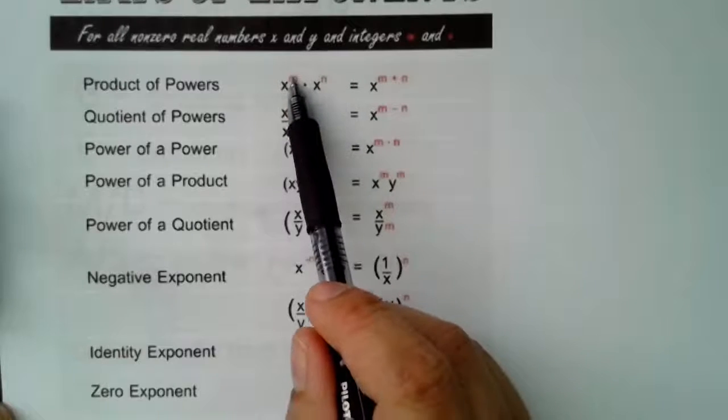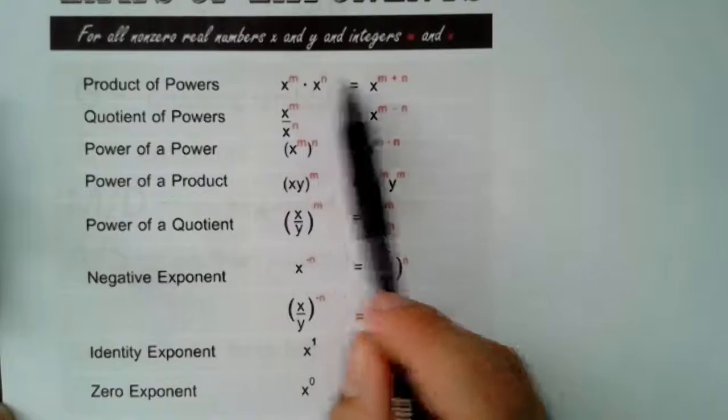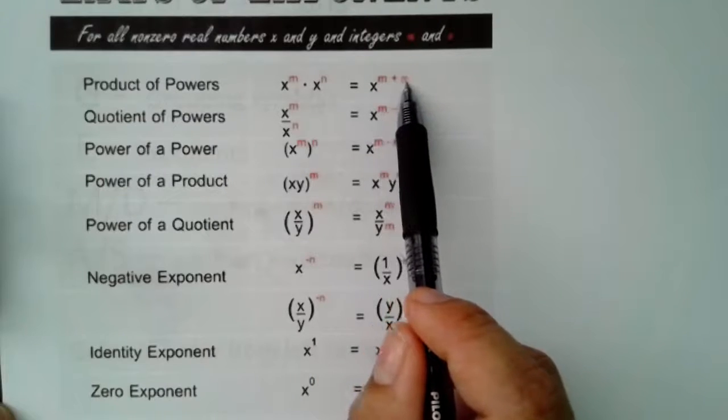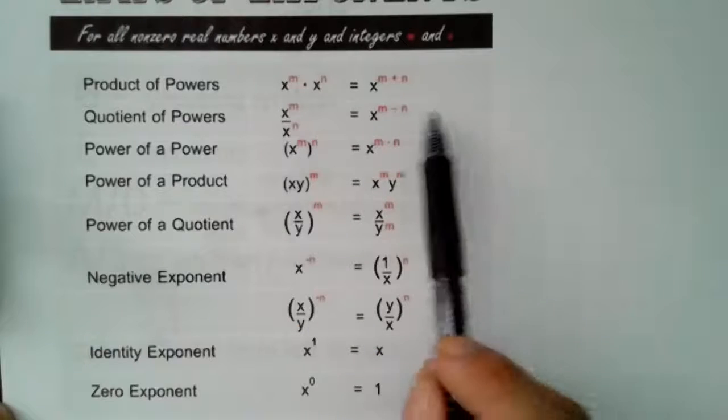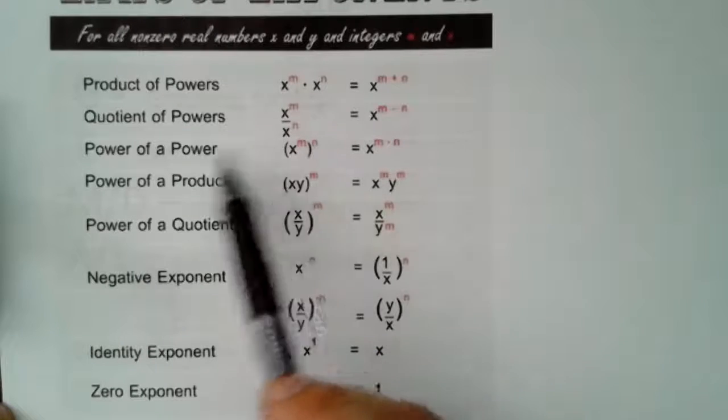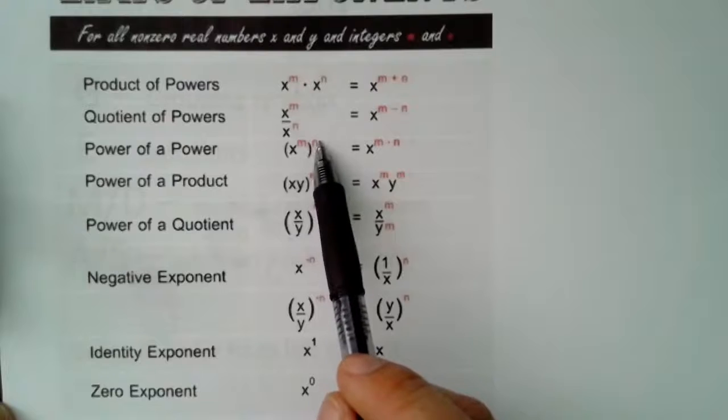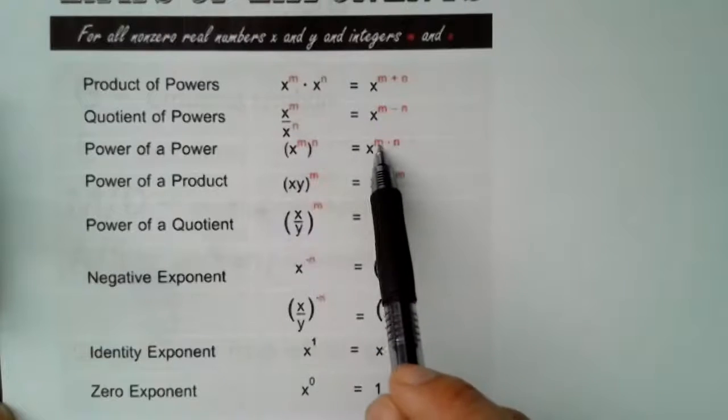So x to the m times x to the n would be x to the power m plus n. When you're dividing the same base with different exponents, you subtract top minus bottom. When you raise a power to another power, you multiply.